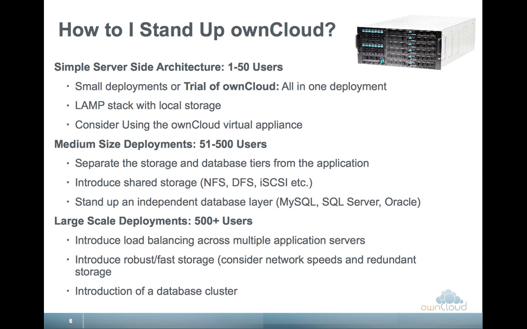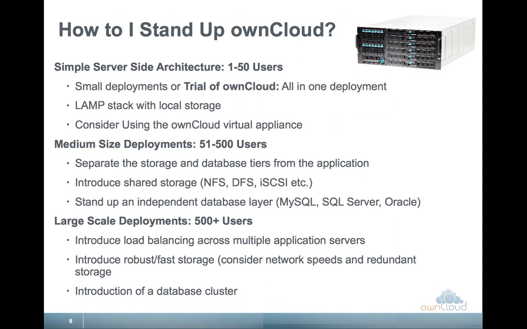In these types of mid-range deployments, you can go ahead and have maybe a single application server or maybe 2 application servers behind a load balancer running a single database instance, and an iSCSI mount being mounted to the application server, or using DFS or NFS depending on how you want to serve up that storage.